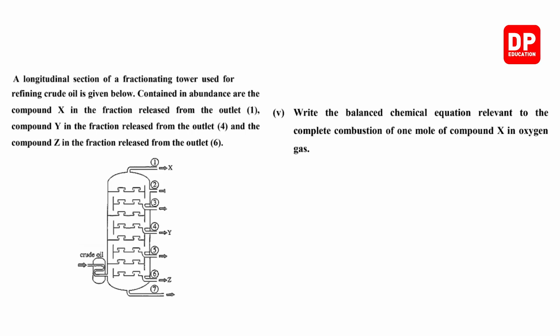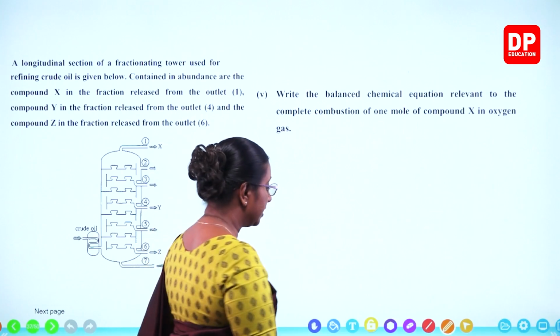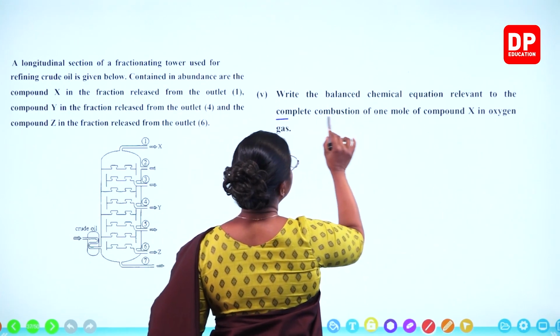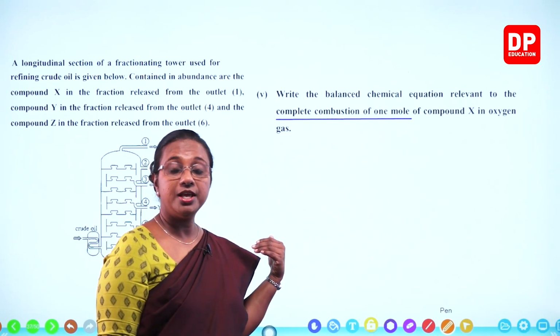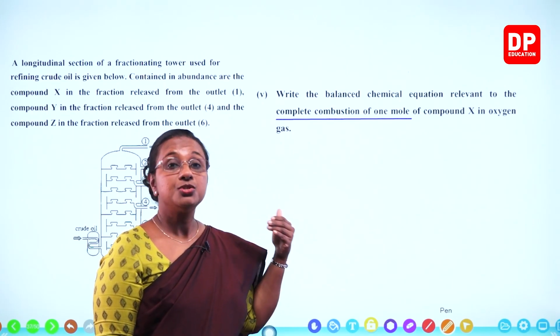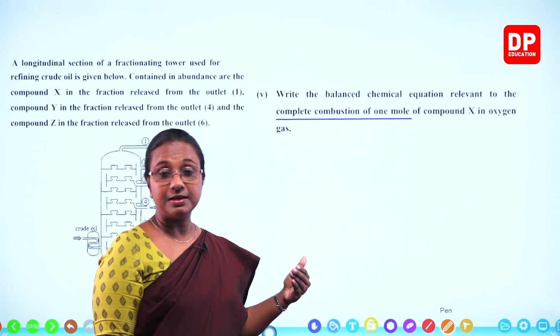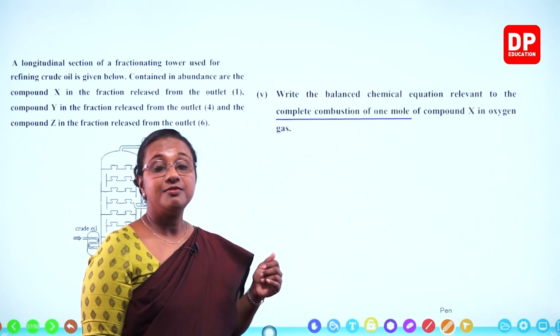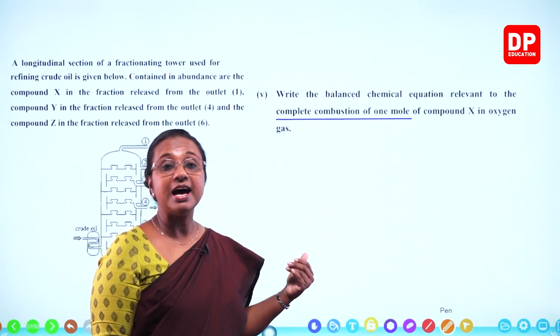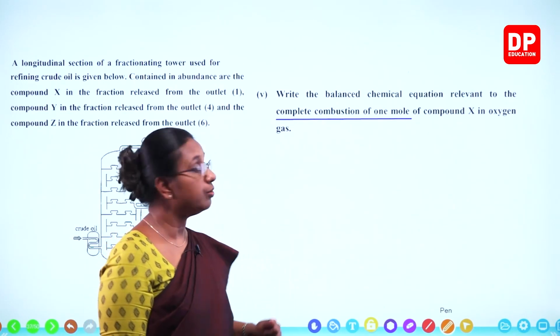Fifth part of the question: write the balanced chemical equation relevant to the complete combustion of 1 mole of compound X in oxygen gas. So here you need to write the complete combustion of 1 mole of compound X. Already you all know it is methane. When there is complete combustion of hydrocarbons, what are the products? Carbon is converted to carbon dioxide and hydrogen becomes H2O, water.